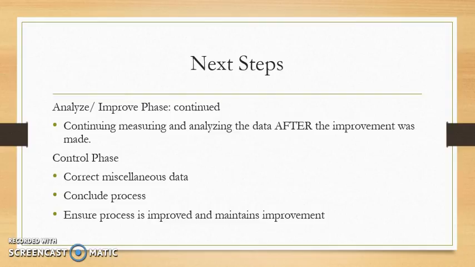And then finally, we can look at the next steps. So again, I want to continue that analyze and improve phase, focusing on the improve phase. We want to continue measuring and analyzing the data after that improvement was made. Obviously, we're going to input all the data in that master data sheet, but then if we add onto that histogram and that IMR chart, hopefully the data just looks better and better.